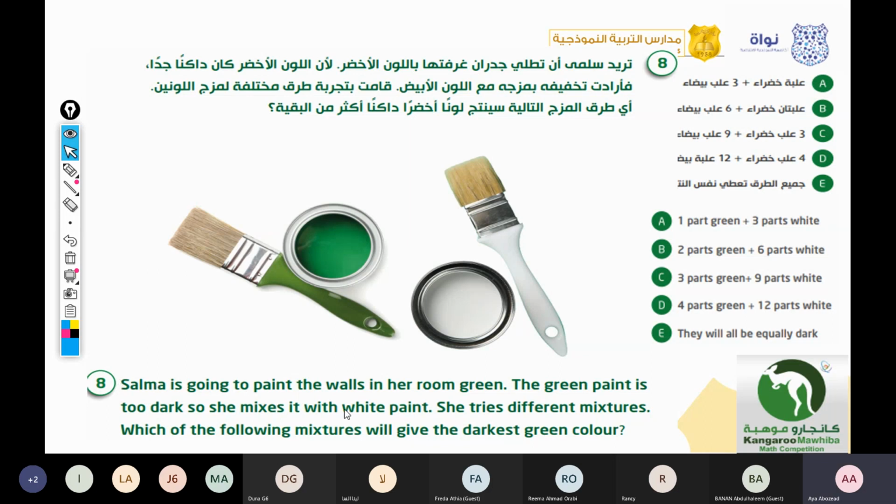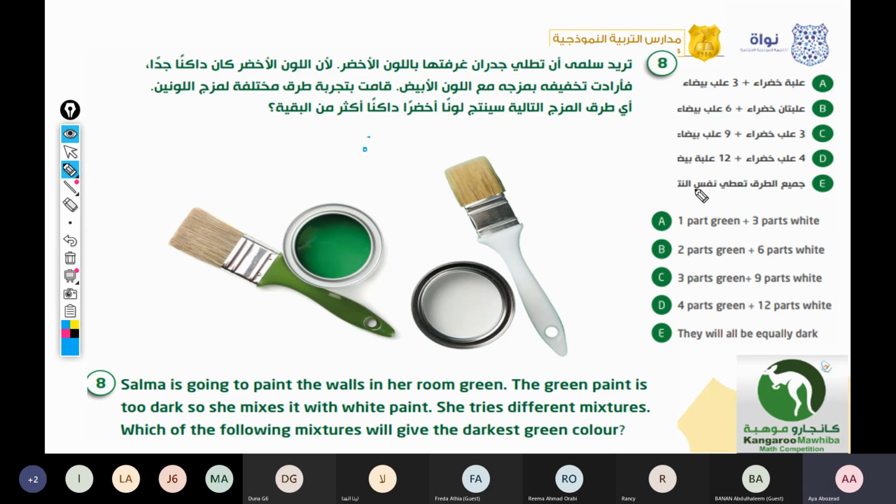Salma is going to paint the wall in her room green. The green paint is too dark, so she mixes it with white paint. She tries different mixtures. Which of the following mixtures will give the darkest green color? You know the ratio between each one.